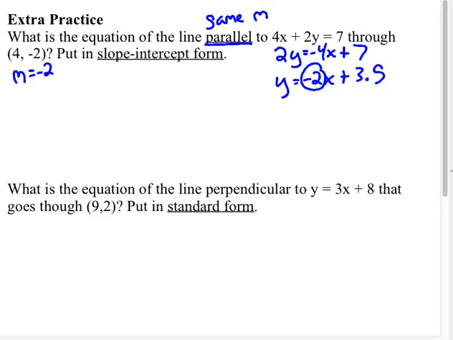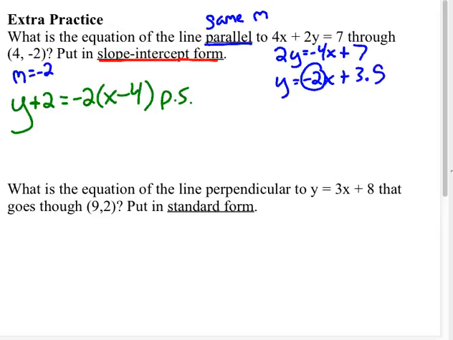Okay, so let's start our equation. Y minus the y value from the point, minus -2 gives me a +2, equals slope times x minus the x value from the point. So this is my point slope equation. However, it says it wants slope intercept. So what that's telling me is I'm not done yet, okay?